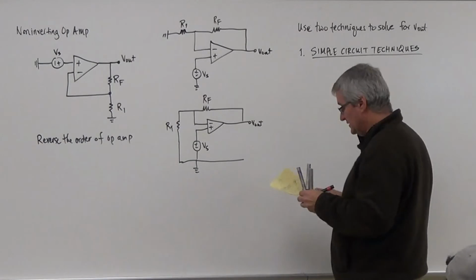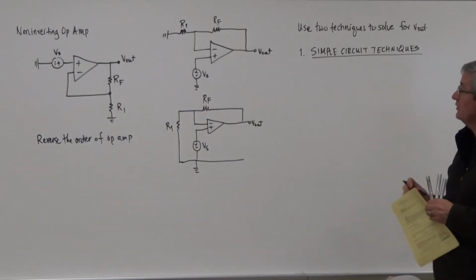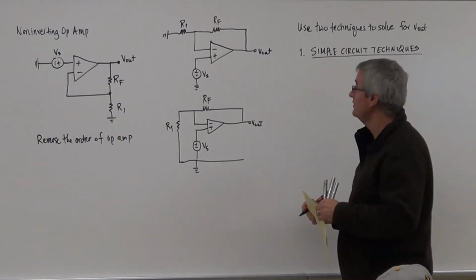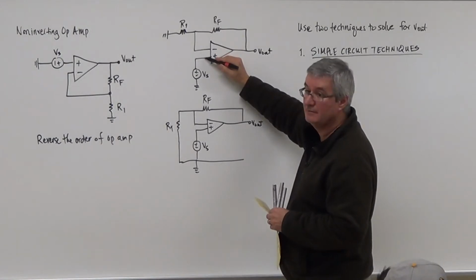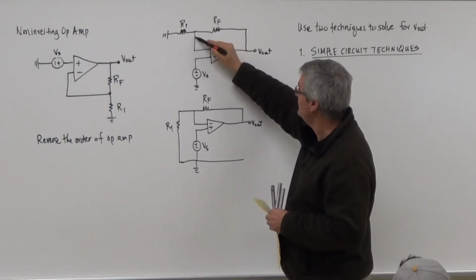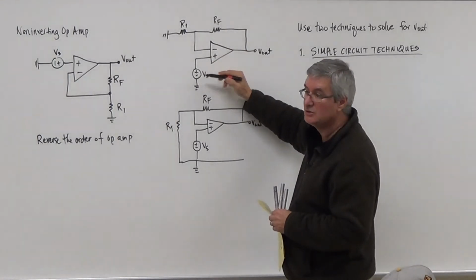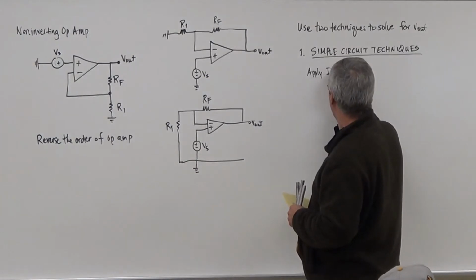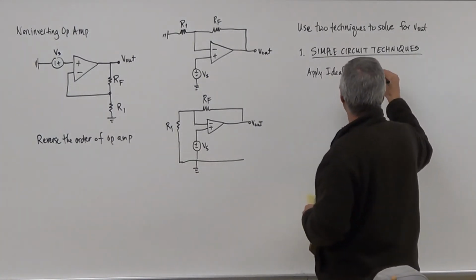When I look at this, I start to draw all of the currents. Look at this line and this line. Do you see any resistors along these lines? The answer is no. So I'm going to apply the ideal model immediately.